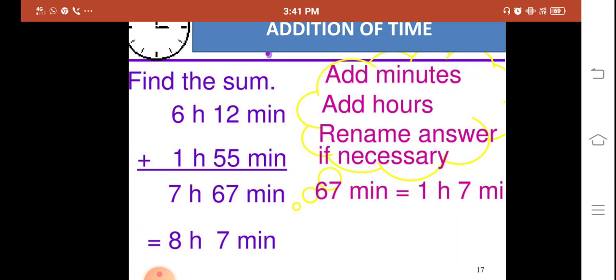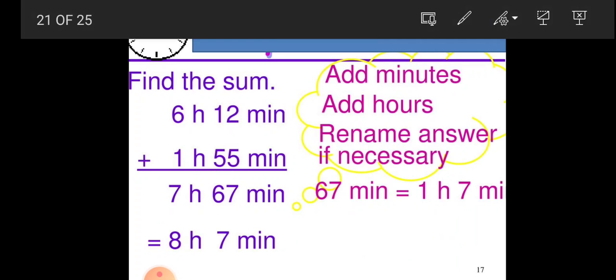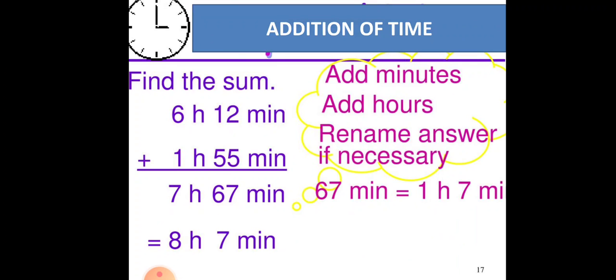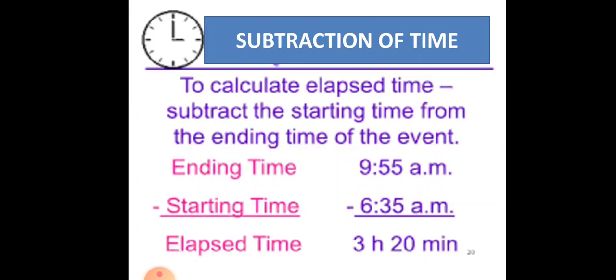So we get 7 hours 67 minutes. There is no 67 minutes, so 67 minutes is equal to 1 hour 7 minutes, because every hour has only 60 minutes. So it becomes 1 hour 7 minutes. 1 hour will be added in the hours. It becomes 8 hours 7 minutes.